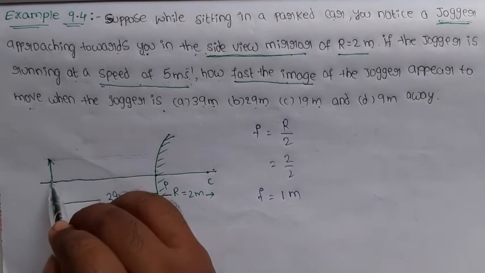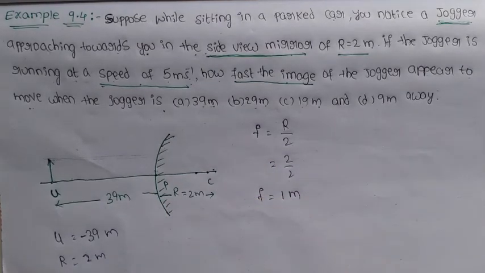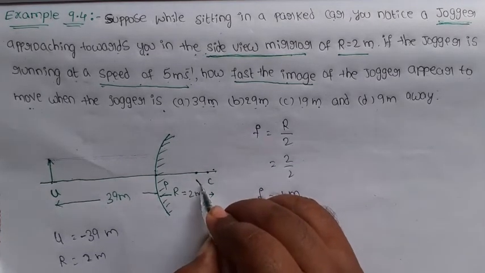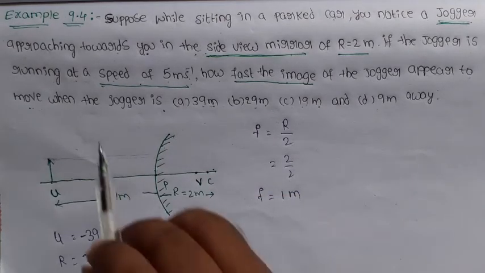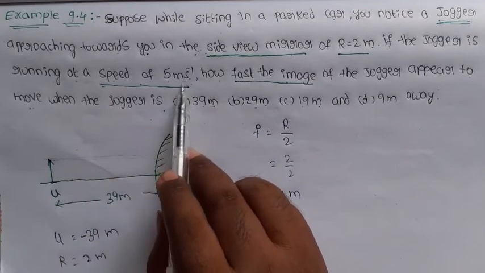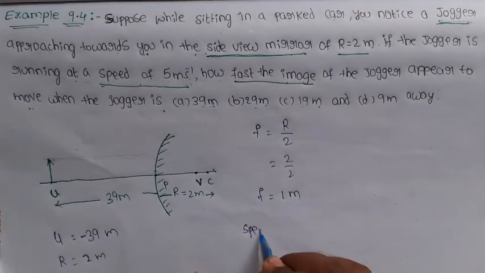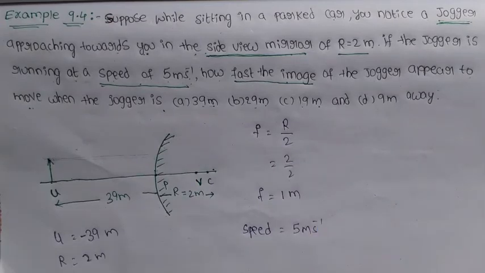When the object is placed here, where the image is formed, I am taking this as the image. The image distance is denoted by the letter v. Also here it is given that the jogger is moving at 5 meter per second. I want to know how much distance is travelled in 1 second. So what is the speed formula?